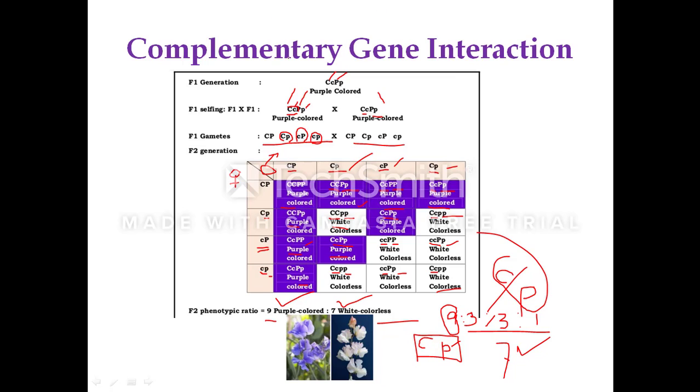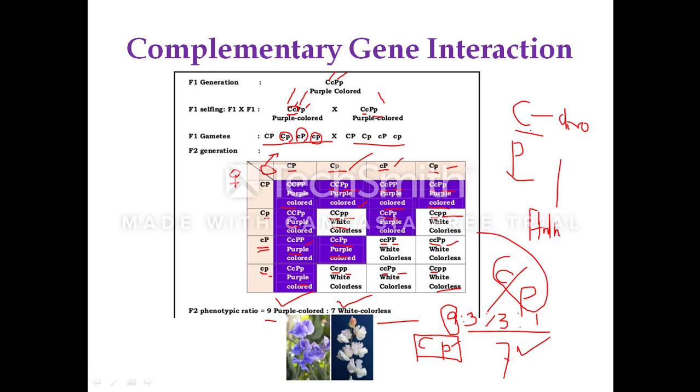Here you have the C. The C produces chromogen, whereas the P produces the enzyme which acts on the chromogen and it produces the anthocyanin or the purple color in the flower.